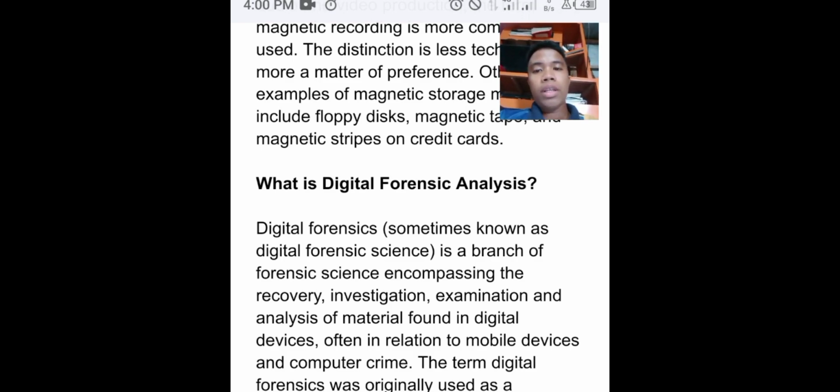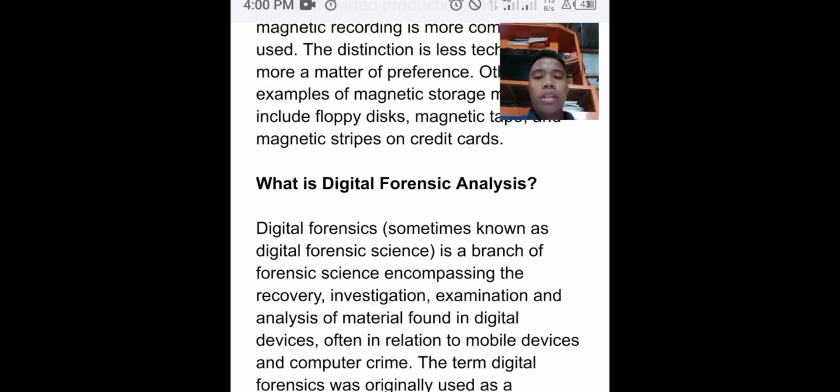Digital forensics, sometimes known as digital forensic science, is a branch of forensic science encompassing the recovery, investigation, examination and analysis of material found in digital devices, often in relation to mobile devices and computer crime.